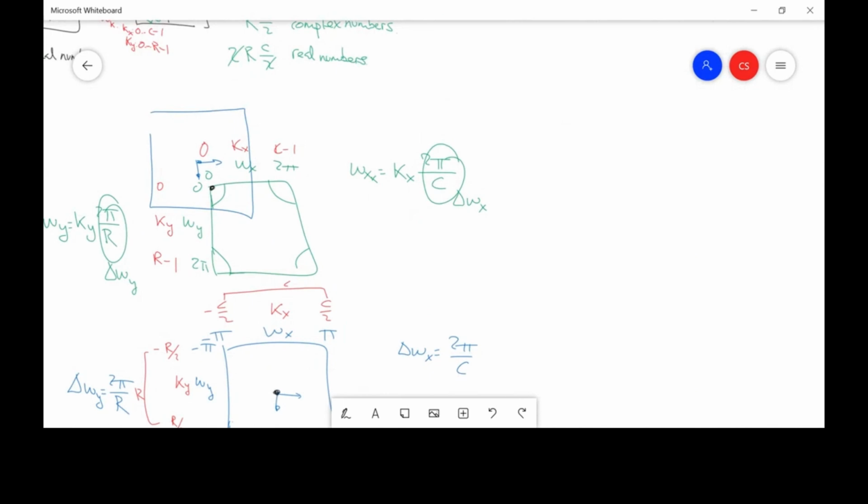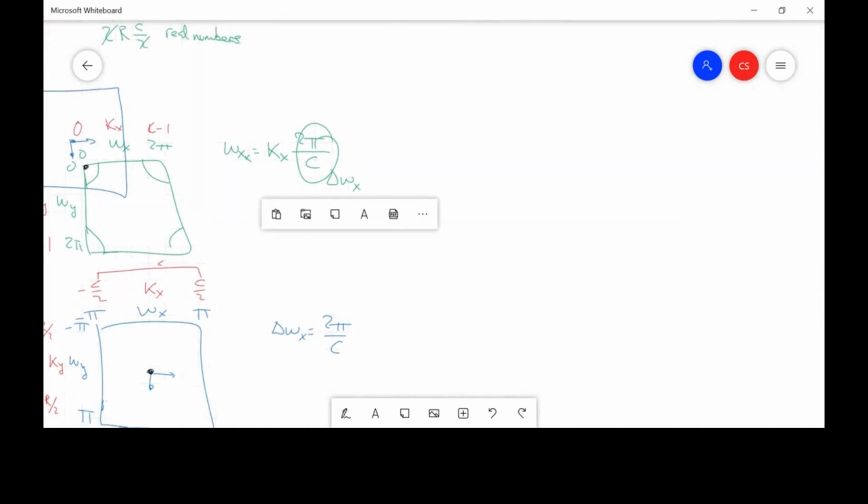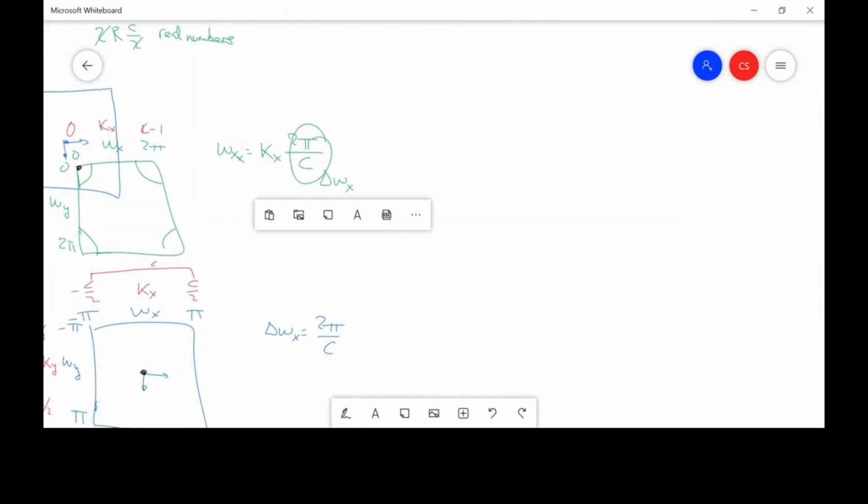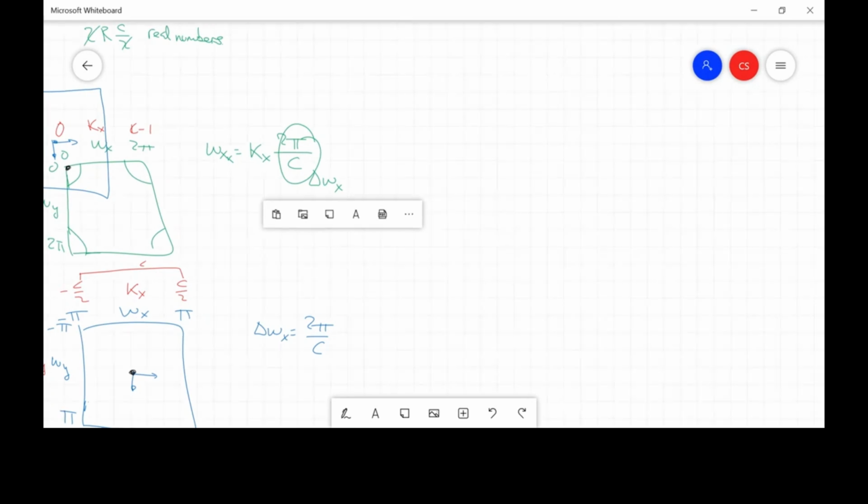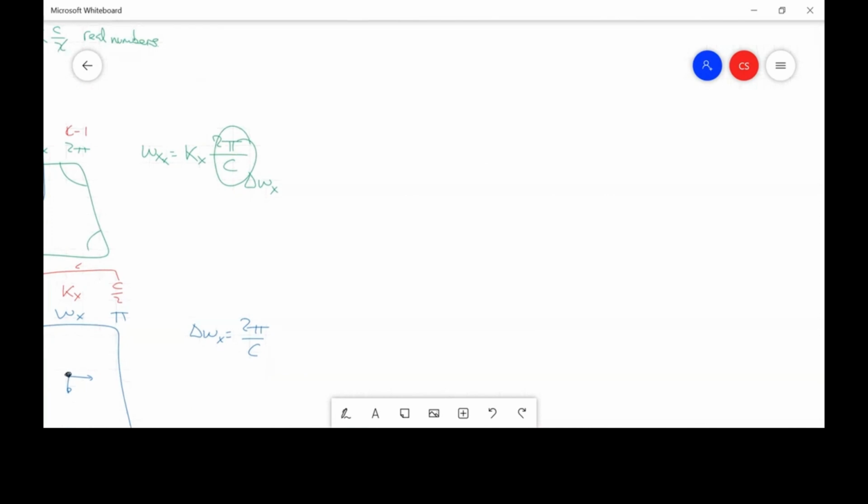Let's use this one that goes from 0 to c minus 1. Okay, I don't want to get it complicated, but let me explain it in this way. You have this signal.